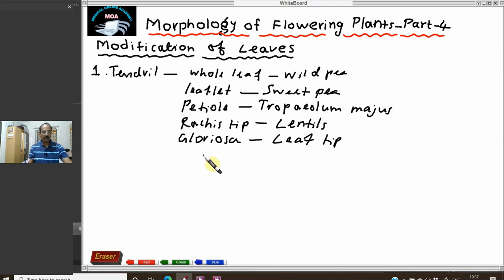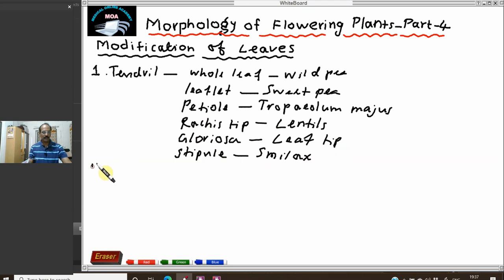And in some plants like Smilax, the stipule is modified into a tendril. You know the stipule, a pair of finger-like structures present at the base of the leaf. The stipule is modified into a tendril in Smilax. Okay, so these are the different parts of the plant modified into tendrils.